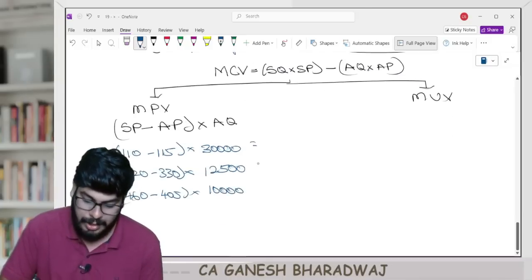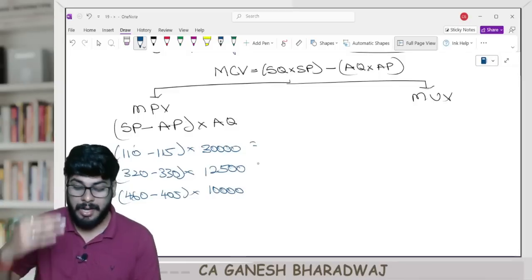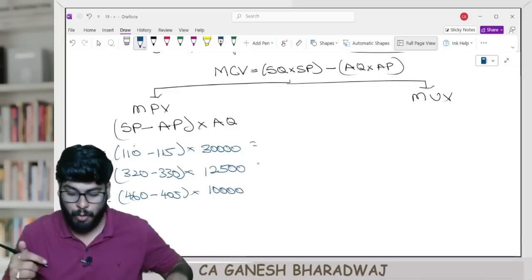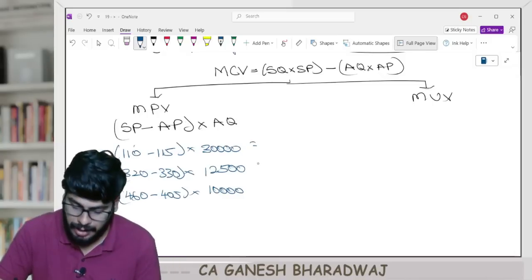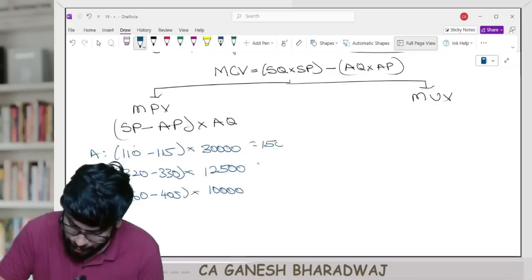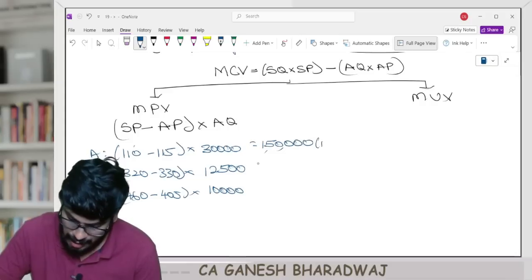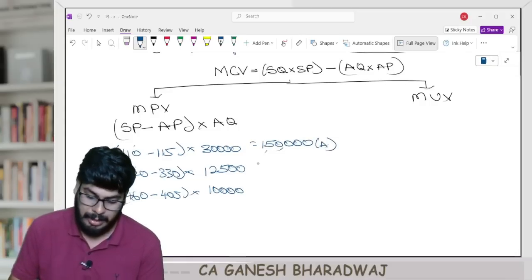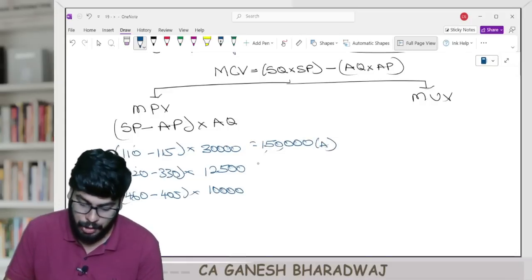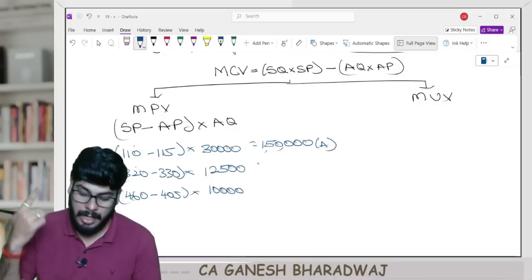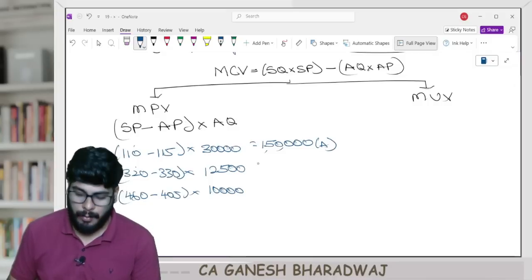Now if you multiply this, you were supposed to incur 110, you have incurred 115. So 5 rupees more for each of the 30,000 kgs. That is 1,50,000 rupees of adverse variance, correct? Similarly, you are supposed to incur 320 for B, but you have actually incurred 330, 10 rupees more on each of the 12,500 kgs.